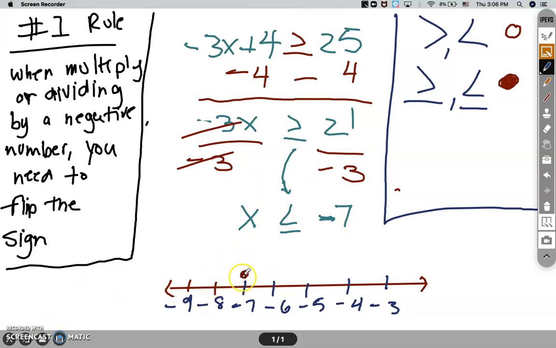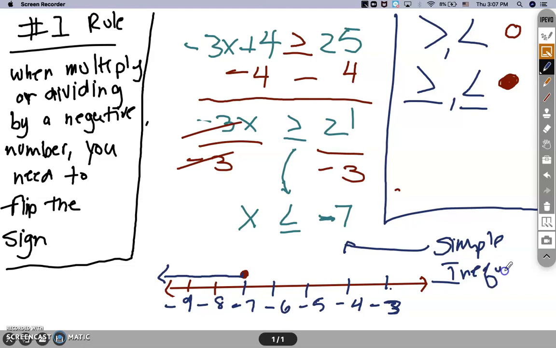So you just draw an arrow pointing to the left, since it's less than or equal to, and all of the values less than or equal to -7 will satisfy this. If it was greater than or equal to, we'd do it towards the right. So that's how you would solve a simple inequality. There are different types of inequalities, and the one that we just solved is called a simple inequality.